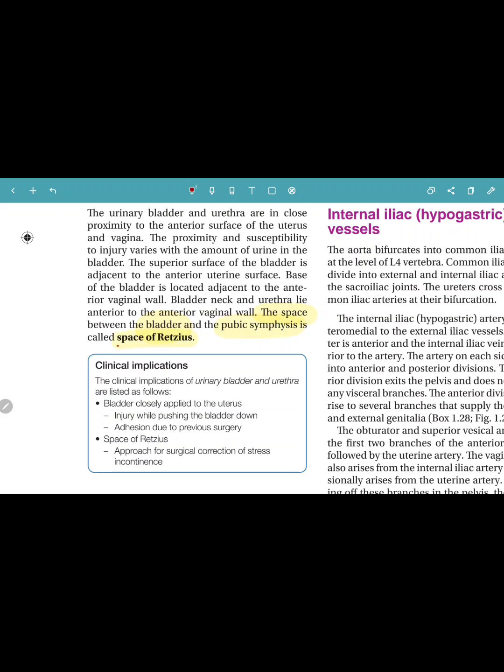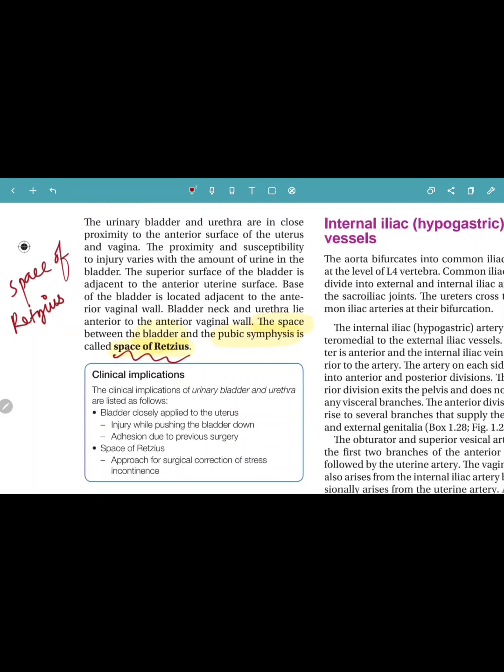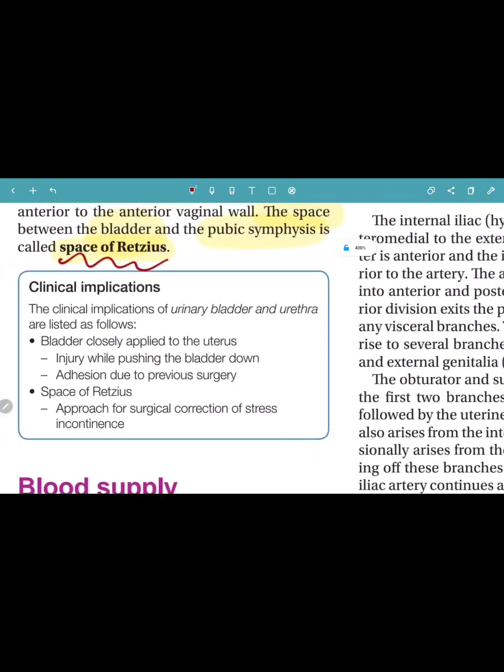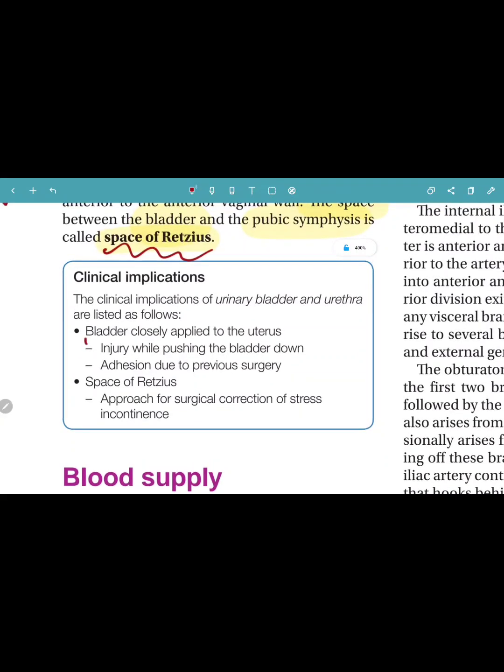The clinical implications of the urinary bladder and urethra are: the bladder is closely applied to the uterus, so injury can occur while pushing the bladder down, and adhesions due to previous surgery will occur. And the space of Retzius is an approach to the surgical correction of stress incontinence.